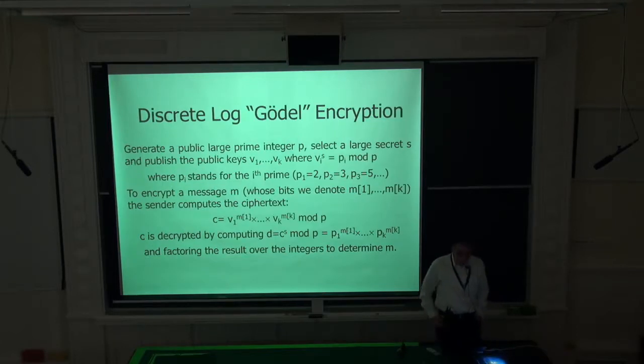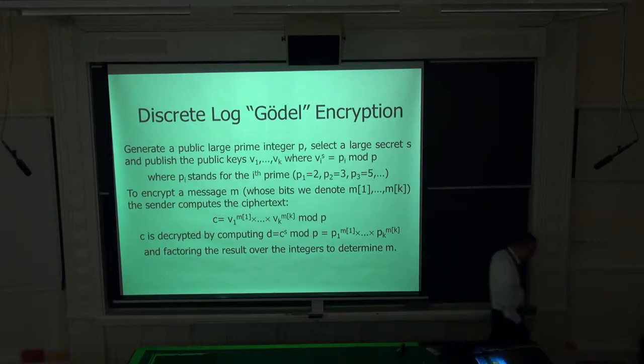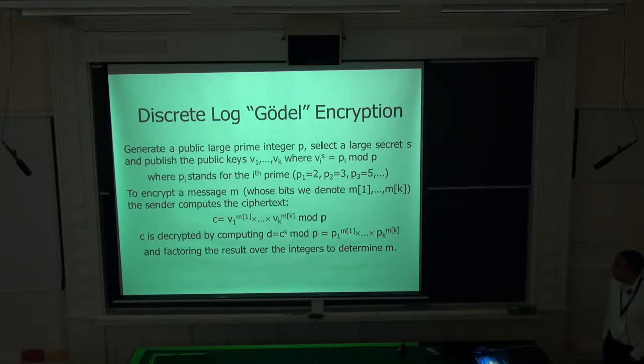So now we're going to use the Gödel encryption to do public key encryption. So here, what we're going to do, we're going to generate a large prime P. Think about it as a 1024-bit prime. And you select a large secret S. And you publish the S powers of the small primes.